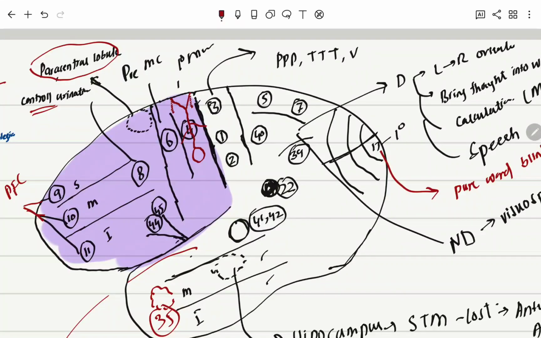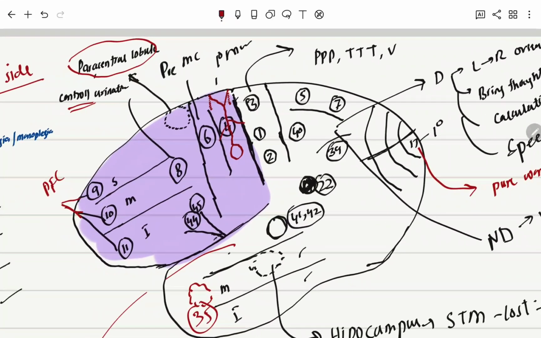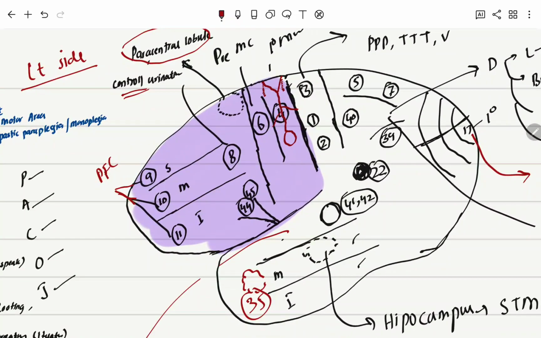And this is responsible for, I enumerated a few mnemonics in the last lecture, so this is one of them. We have the PACOJ mnemonic for that, and this states that P stands for problem solving behavior, right?